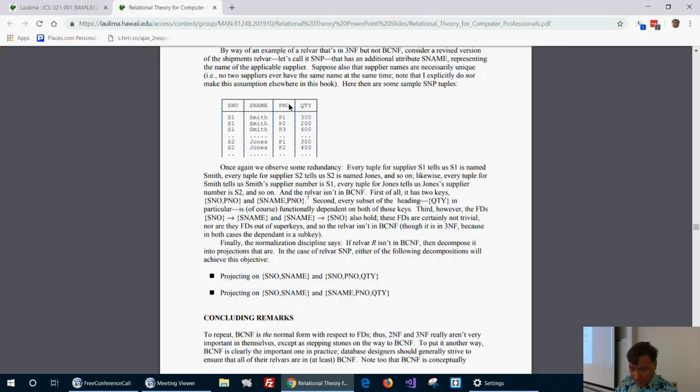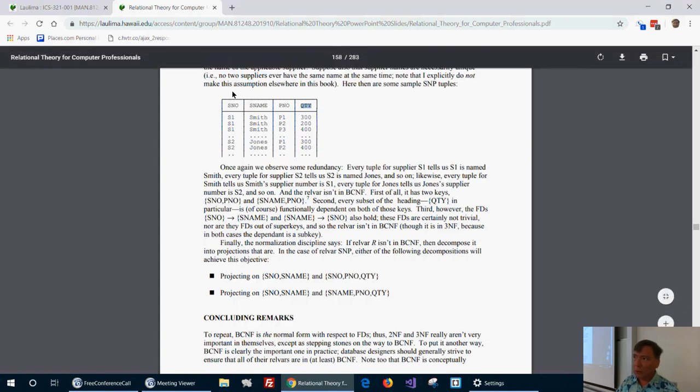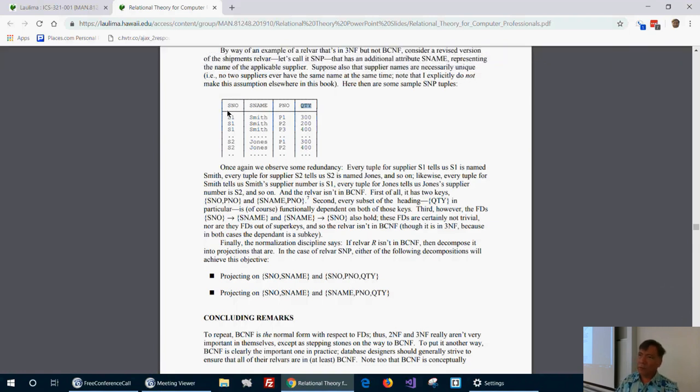So this and this can be a key, and this and this can be a key. And so the problem is you have a relationship between two attributes that could be the key, that could participate equally in the key.